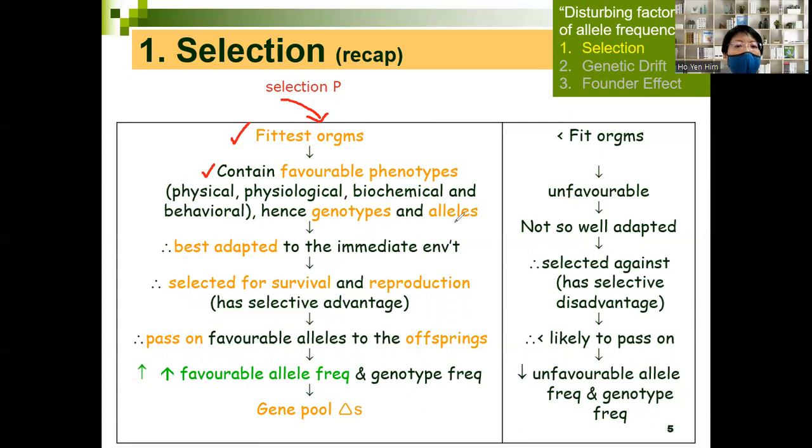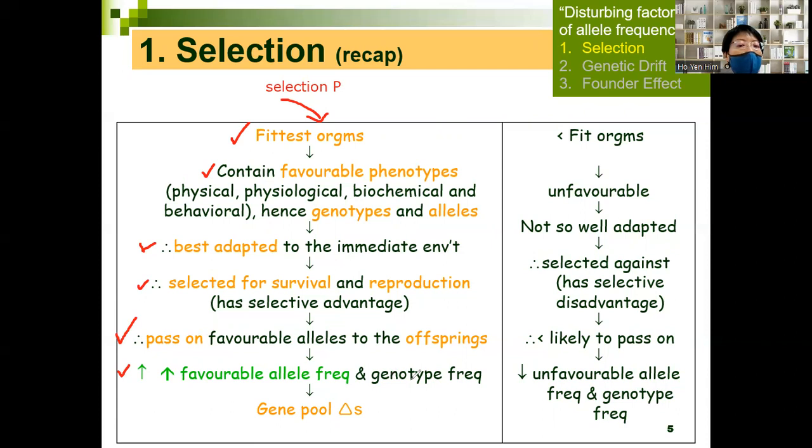Hence, genotypes and alleles. So favorable phenotype, favorable genotype, favorable allele. So they are best adapted to the immediate environment. Therefore, they are selected for survival and they reproduce. So they have a selective advantage. When they reproduce, they pass on the favorable allele to the offspring. So that will actually increase the favorable allele frequency in the population.